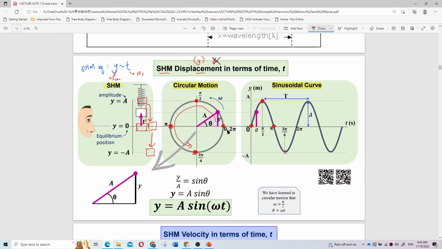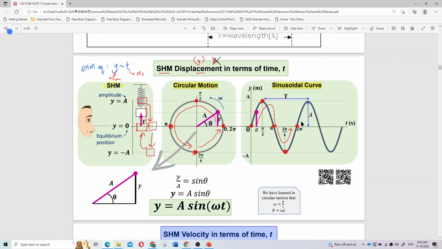Yes. And then the graph has reached here, and going back to the original position, the point has reached here, and the whole thing has gone to here. So can you see one oscillation? This one oscillation is one rotation, and this is one wavelength.